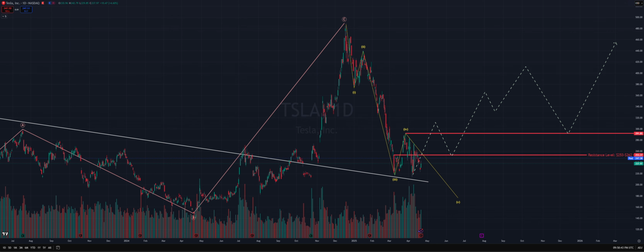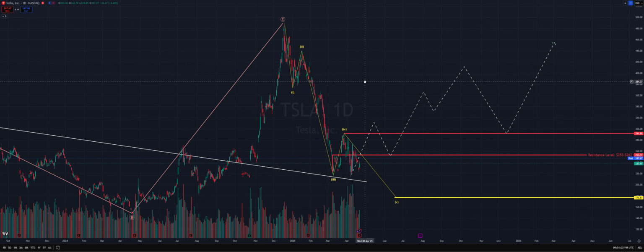So right now the target for Tesla here, if we follow this, would be that 276 level, that target right over there. Let me put that in yellow so you know. All right, so this here is my analysis on Tesla. A couple of cases that you have.